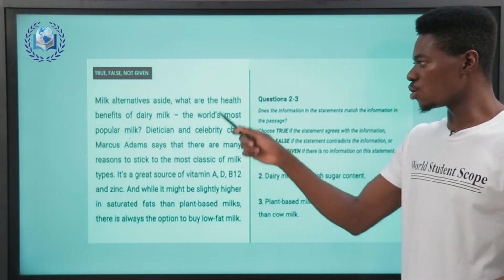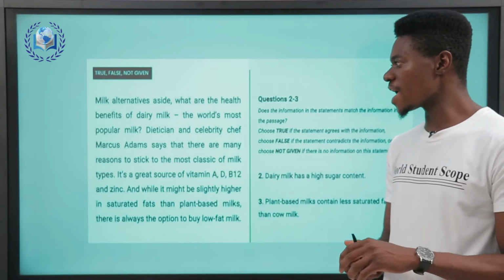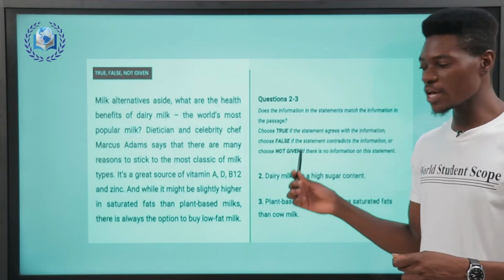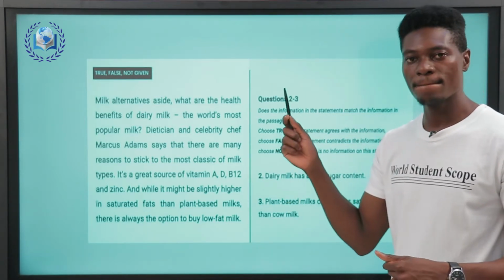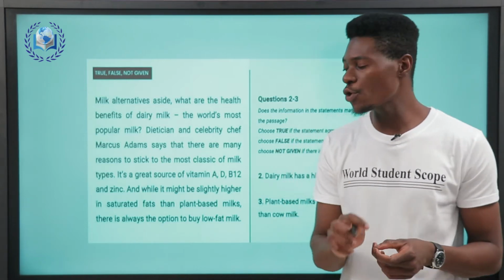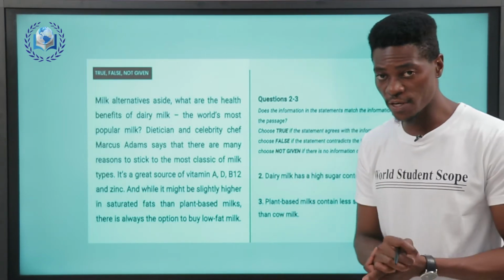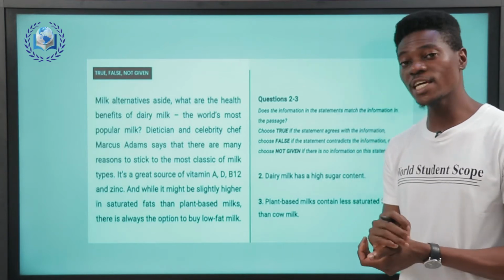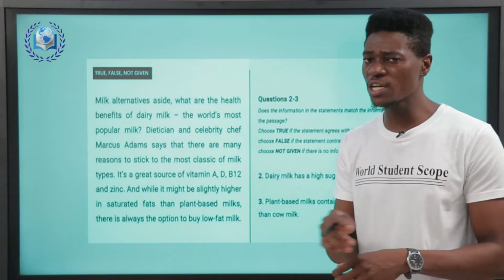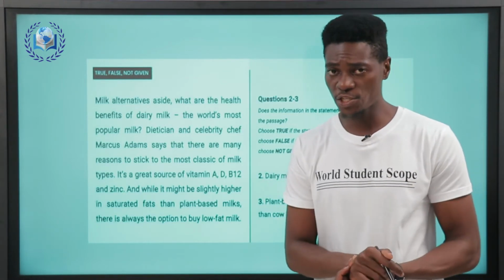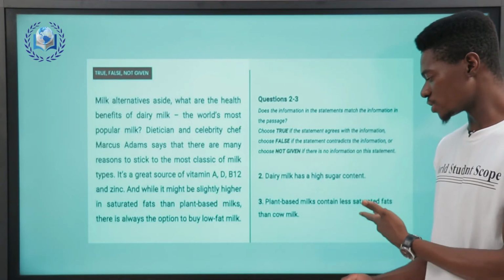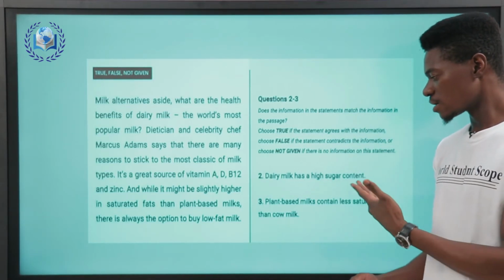If you take a look at the passage, you can find there is no such information in the passage. So if the information is not given, obviously your answer will be not given. This is not guesswork, but when you check, you find the information is not given in the passage.